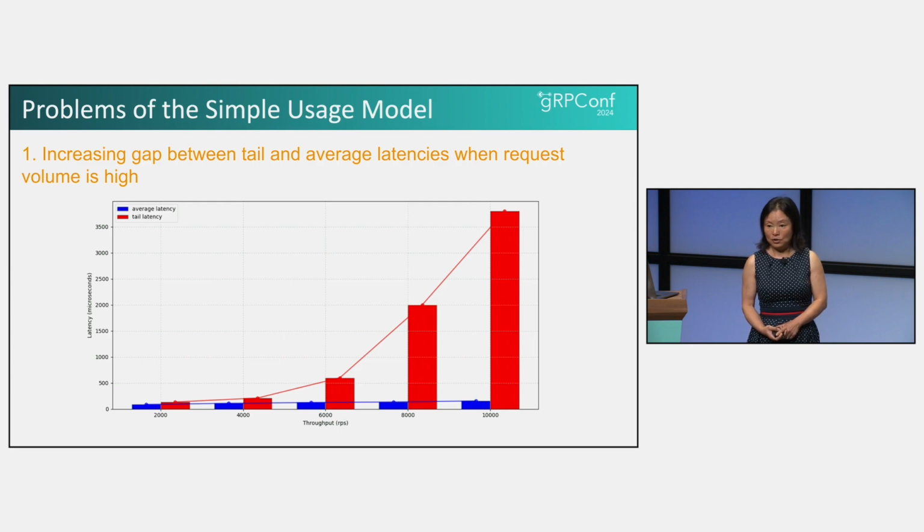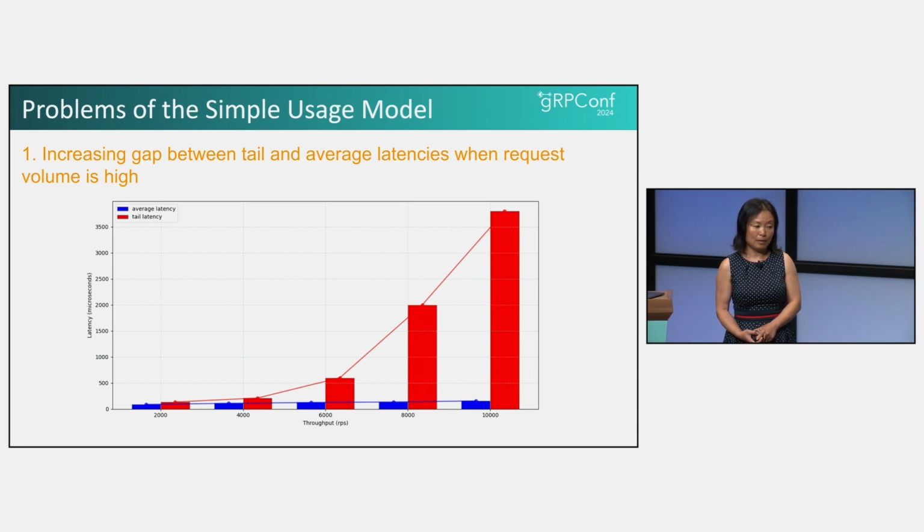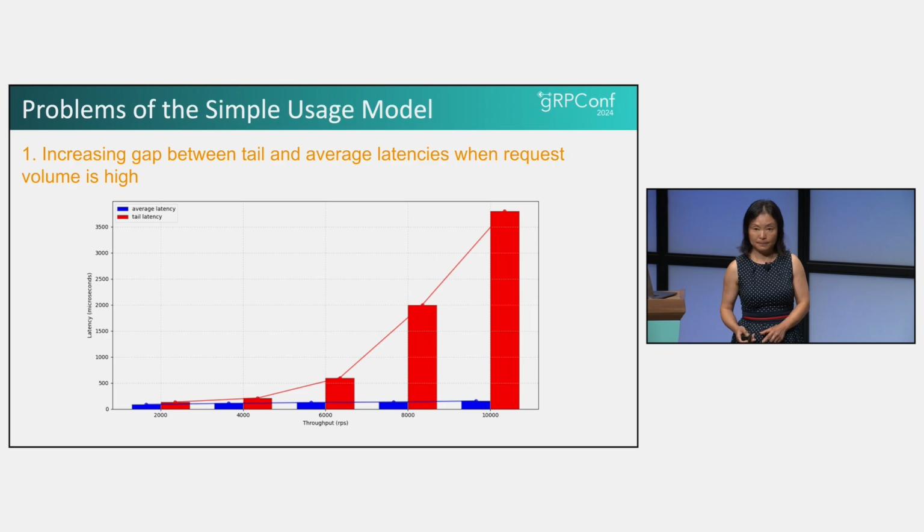The cause of this issue lies in the thrashing problem we mentioned earlier. As more Go routines are created to handle the increasing volume of requests, they begin to compete for CPU resources, leading to more inefficient scheduling and consequently longer delays for some of the requests.